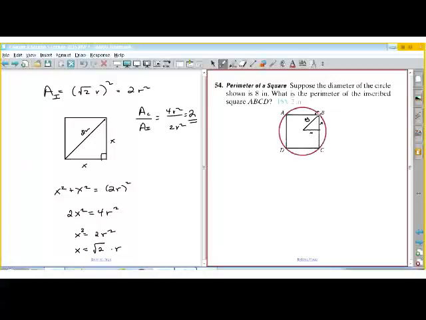And once I have x, there are going to be 8 x's around this square, because I have 1, 2, 3, 4, each half. This is a half a side. So I have 4 sides, so 8 half sides. So I take whatever this x value is and I calculate using the Pythagorean theorem like this, and then I multiply it by 8.